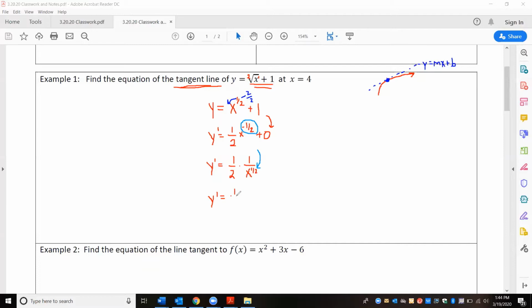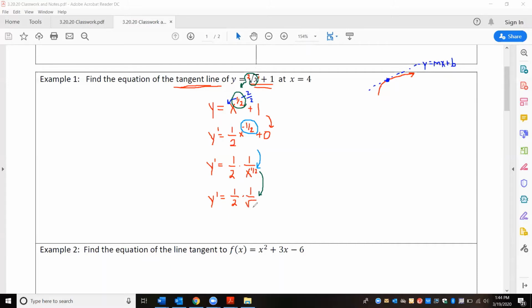So we're going to leave that coefficient of 1/2 out front. But that exponent of 1/2, what we did at the beginning is we turned square root of x into x to the 1/2. Now we're going to take that 1/2 and turn it back into a square root of x. But what we have to remember is that now it goes on the bottom, because it is on the bottom.